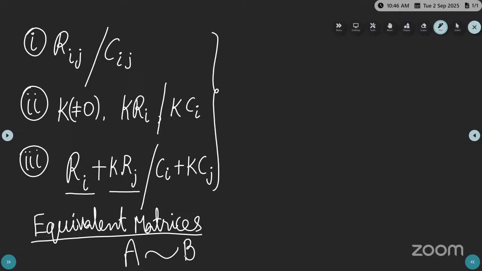So what is the main important property of equivalent matrices? We write it as A equivalent to B. That is equivalence.